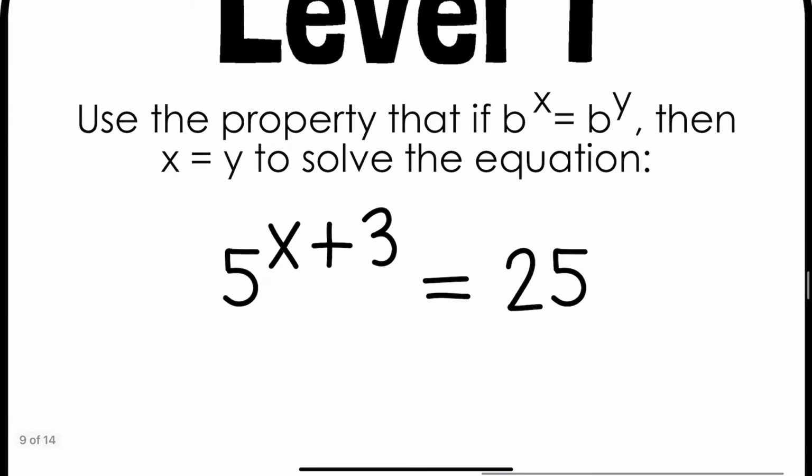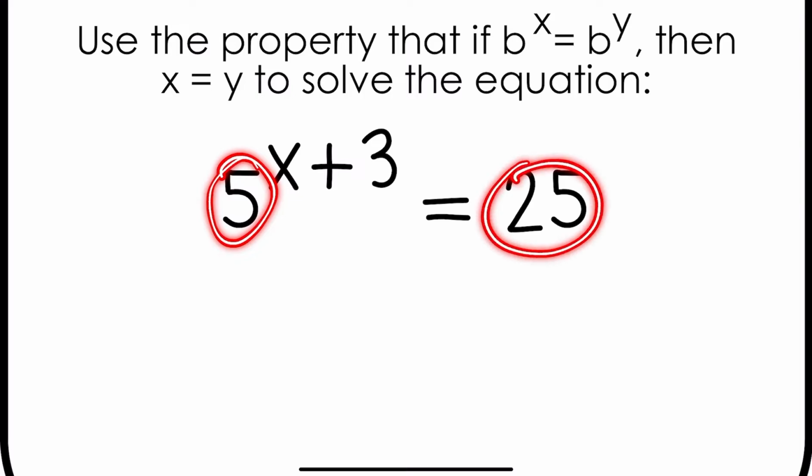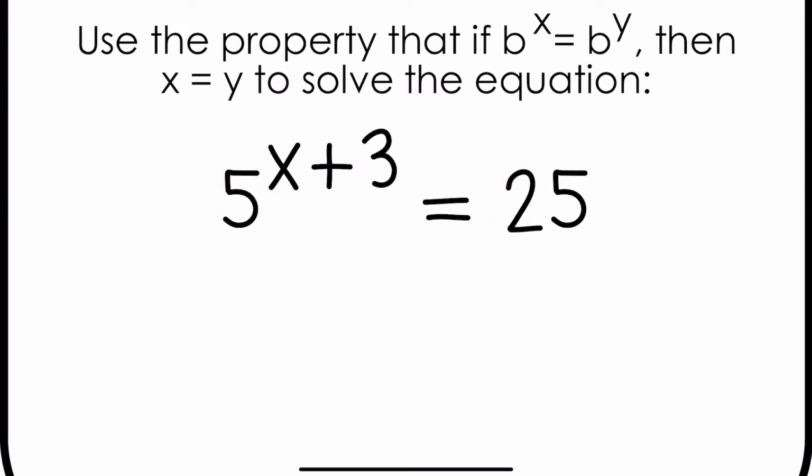Okay, so let's do that here. Our first equation is going to be 5 to the x plus 3 equals 25. All right, cool. So this is telling me my base is going to be 5. I know 5 can go into 25. So what I need to do is change this 25 to have a base of 5.